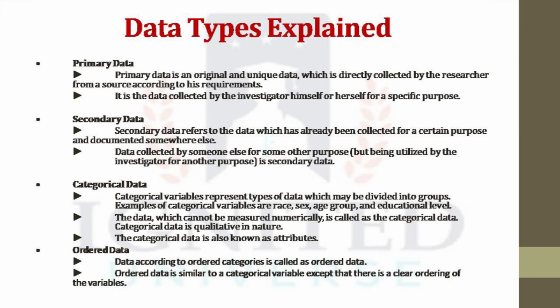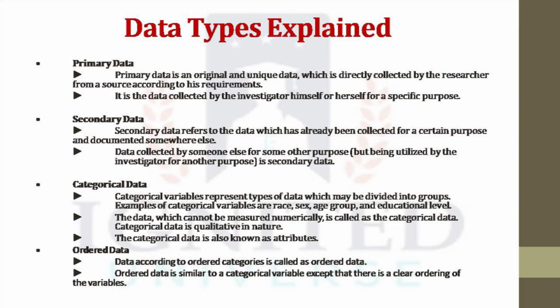So let's start with the data type explanations. The first data type is primary data. Primary data is original and unique data which is directly collected by the researcher from a source according to his or her requirements.